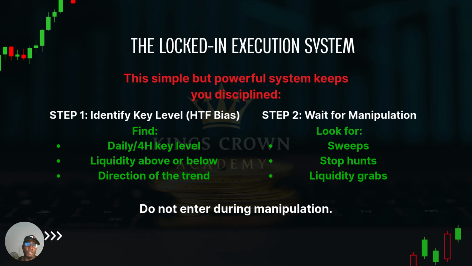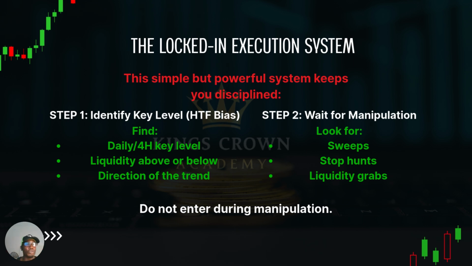Finally, before I go, I'm going to give you the simple but powerful system that will keep you disciplined as a trader. It's the system I've used for myself and my trading community, and it's very simple and direct. Step one: identify your key level. You can write it down, get a notepad, get something. Whenever you come to your chart, first step, identify your key level.